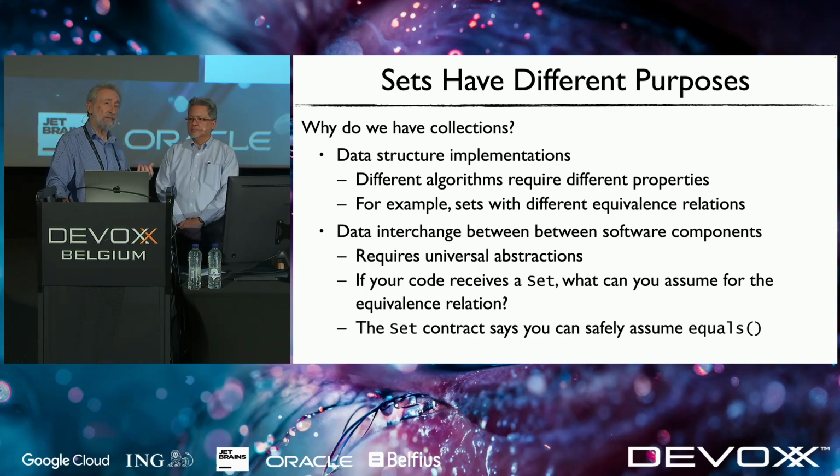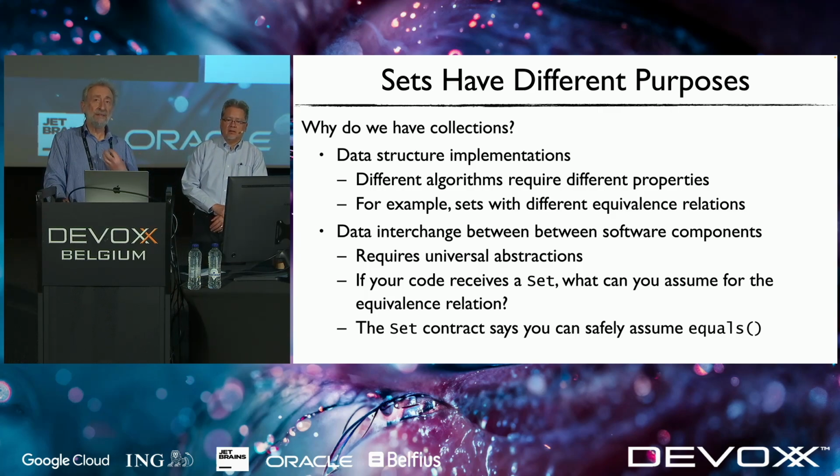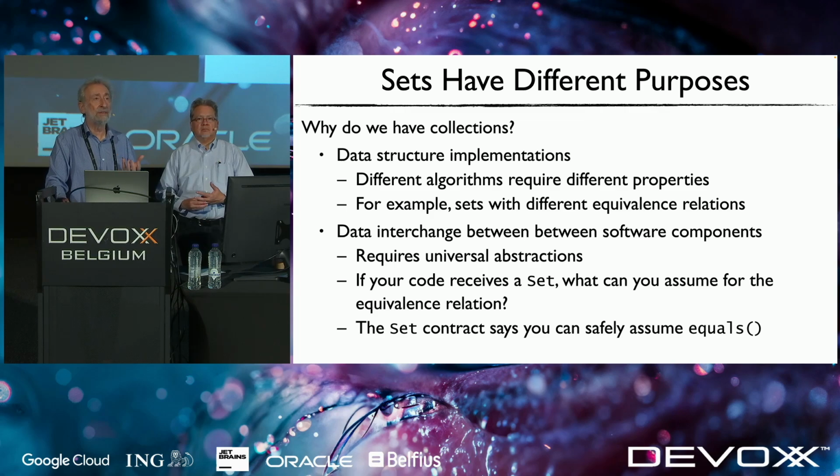It's doing useful stuff, but if you're going to start passing around sets or maps to unrelated parts of the system, the best assumption to make is that the set that you're passing around has an equivalence relation which does in fact conform with the contract, in other words, that is compatible with equals, consistent with equals. So that's, I think, what I want to say about that.